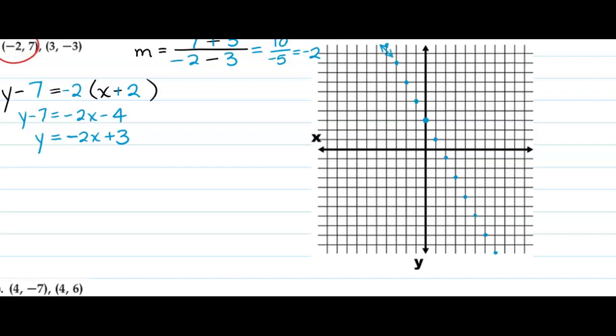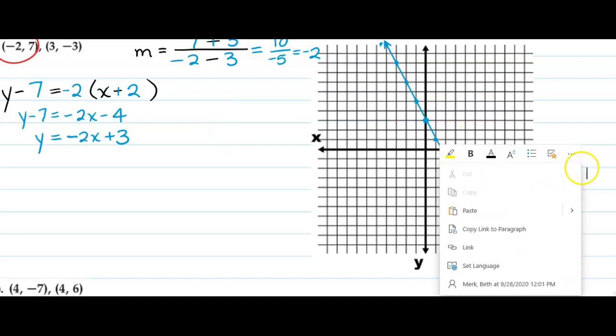We want as much precision as possible. Try to move that line a little bit so that it actually goes through all my points. Sometimes I need to do that with my keyboard. There we go. Much better.